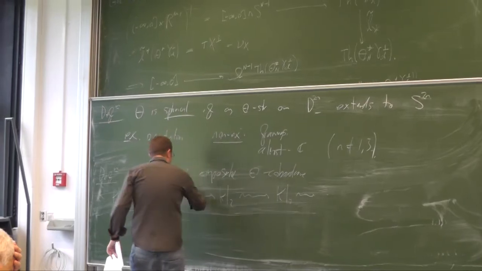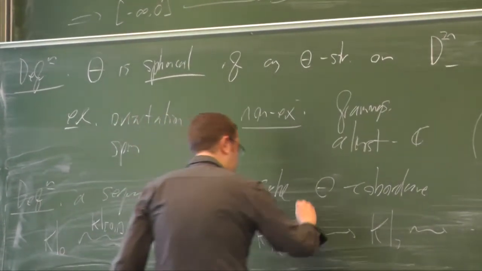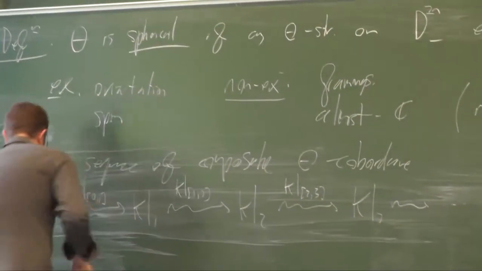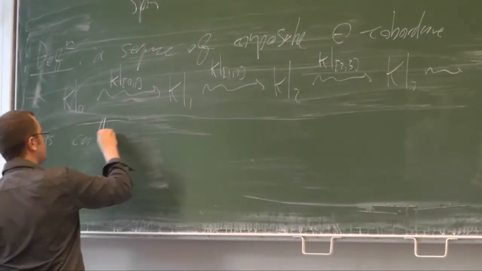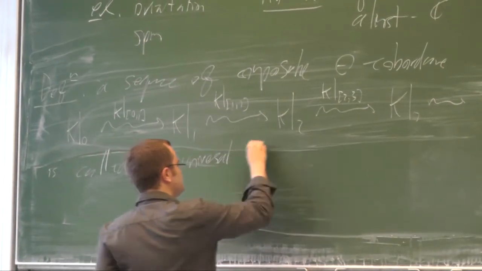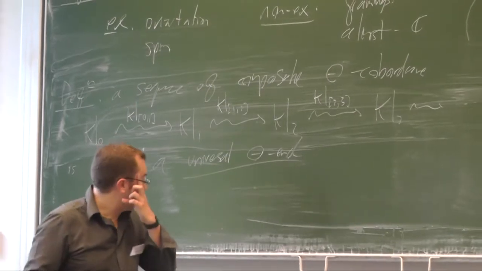So I have a sequence of composable cobordisms. It's called a universal theta end if the following properties hold.